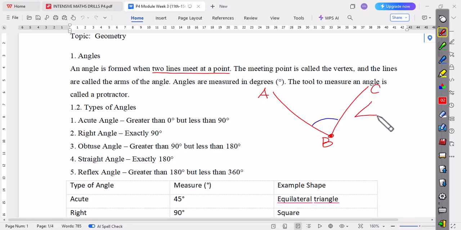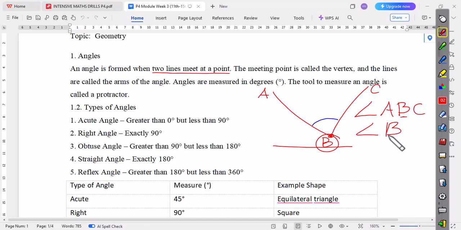This is the symbol of angle, and the name of this shape is angle ABC. Make sure the angle must be in the middle one. So this is angle ABC, or another way to say this angle by using one letter only, angle B. So we have two ways to name the angle.